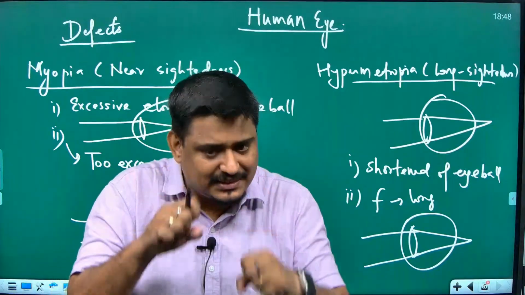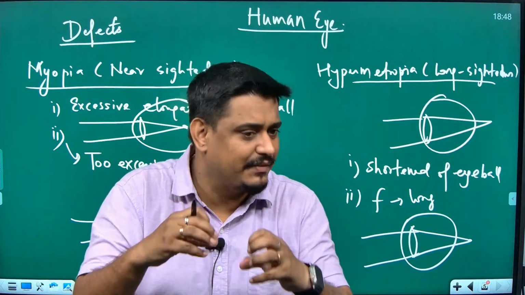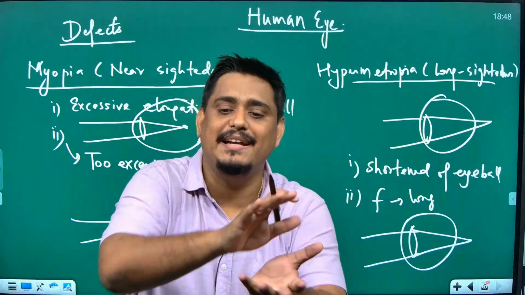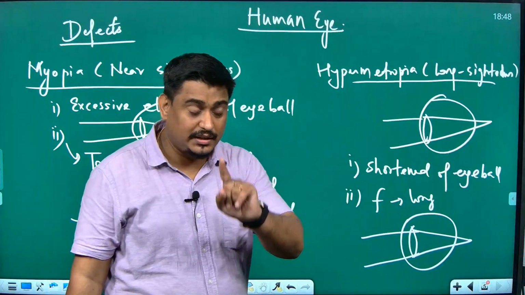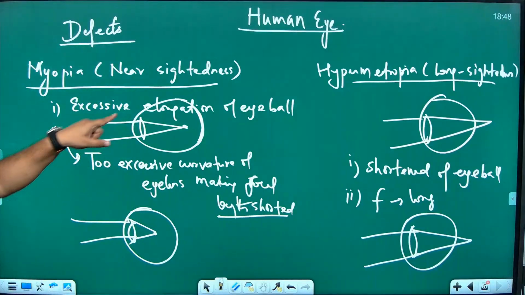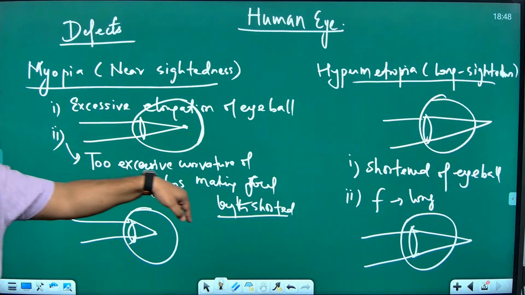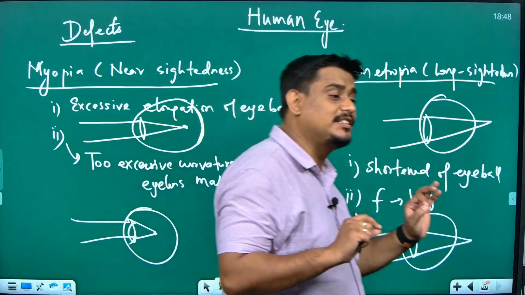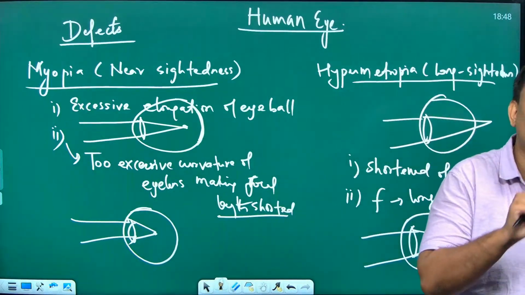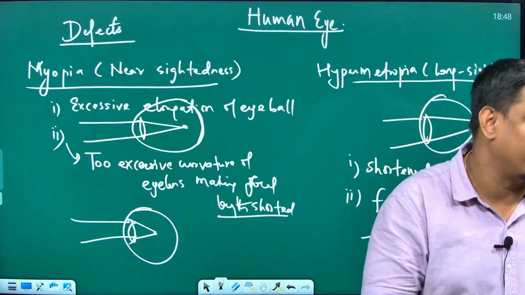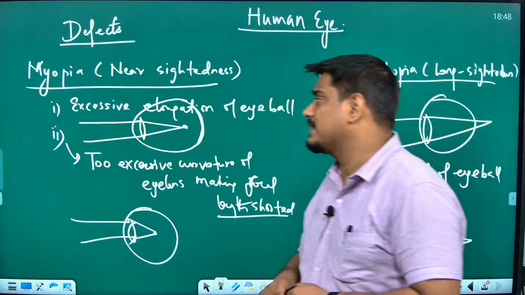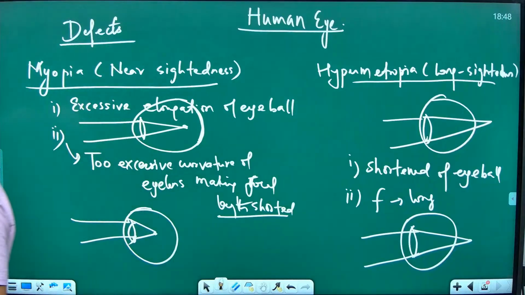If it is having less curvature power or less curvature, it will converge behind the retina. Then also hypermetropia can come. So, these are the two reasons of myopia and hypermetropia. Directly they will ask in the school examination, what are the causes of hypermetropia or what are the causes of myopia. Next thing what they will ask is, how do you correct it?